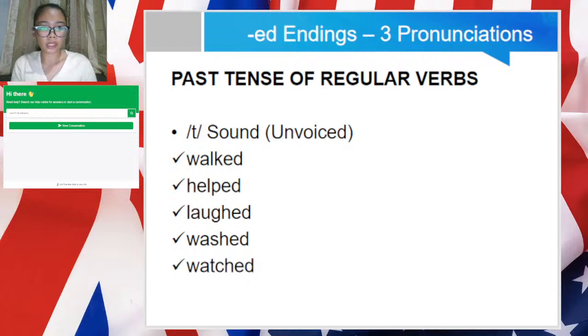Let's break them down one by one, starting with the first rule, which is the t sound. The rule here is that we will pronounce the suffix ed as t if the verb ends with an unvoiced consonant sound.